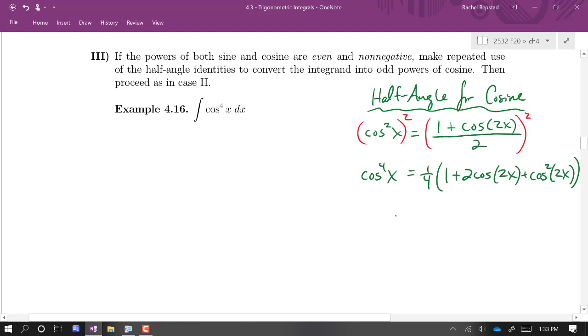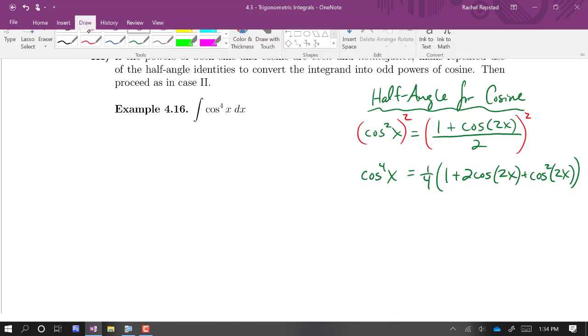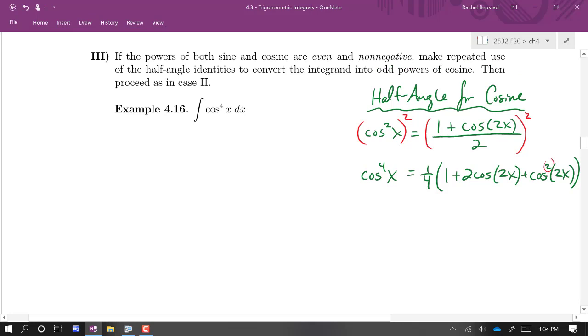Now, using this half-angle identity, we've rewritten cosine to the fourth of x in terms of a constant, a cosine, but then we still have this even power on cosine there. I'm going to use half-angle again just on that part.